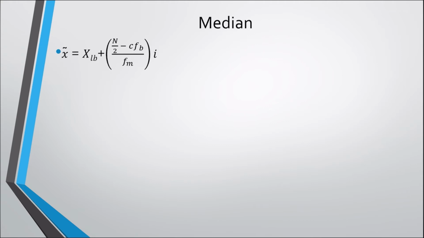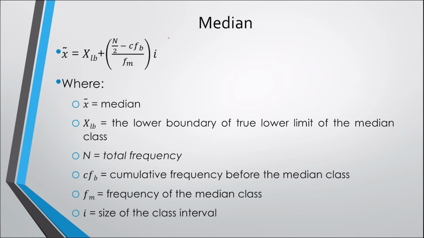So, yung median, yun pa rin yung gitna. Pero since marami nga tayong given na data, gagamit ulit tayo ng frequency distribution. Pero, iba ito doon sa ating pagkuha ng mean. Okay? So, ito yung ating formula. Kapag yung x tapos merong kulot doon sa ibabaw, that is the median.